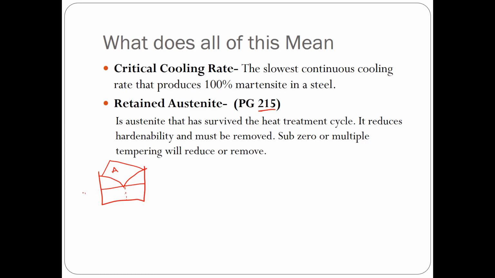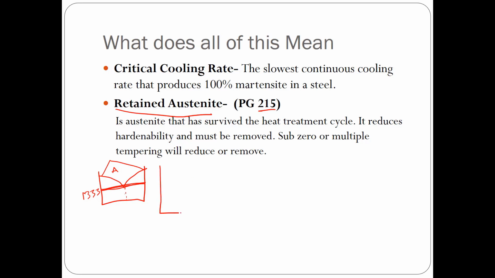So this is 1333. So if we're in our austenite zone and we slow cool it, we're not going to have any retained austenite. It's only when we quench it do we have it. And we keep saying that austenite is not stable below 1333, right? It wants to break down and turn into something else.